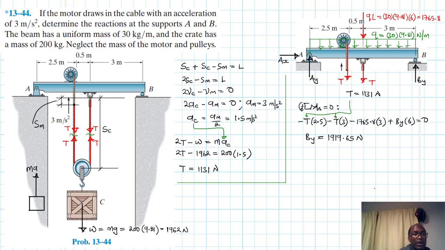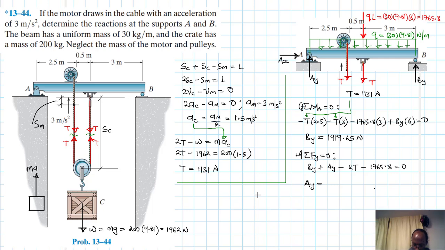So let's find the other one. We have summation of forces in the y equal to 0, with going up being our reference. So we'll have BY plus AY minus 2T minus 1765.8 equal to 0. Therefore, our AY is just going to be equal to 1919.65 minus 2 times 1131 minus 1765.8.